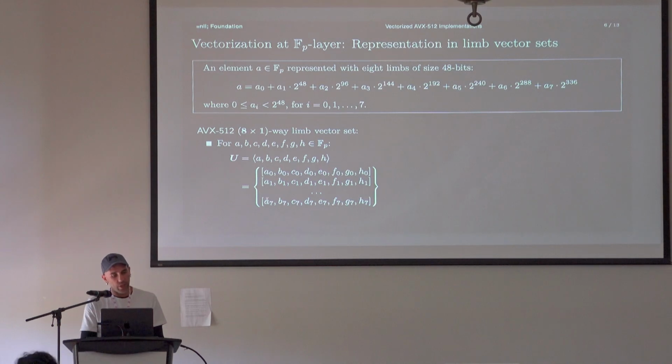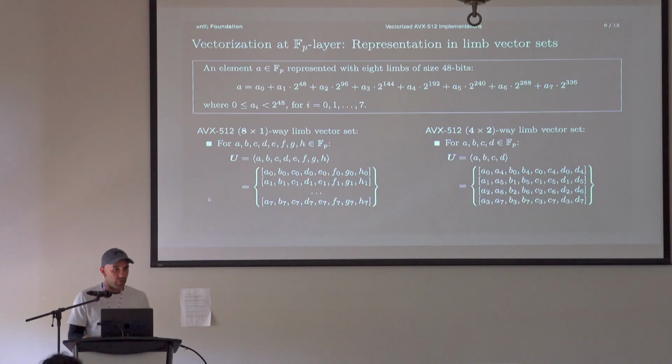For example, the first column has all the limbs corresponding to integer a, the second column has all the limbs corresponding to integer b, and so on. So this is an 8 times 1 limb vector set because it uses 8 lanes, 8 columns to represent the limbs of every integer.